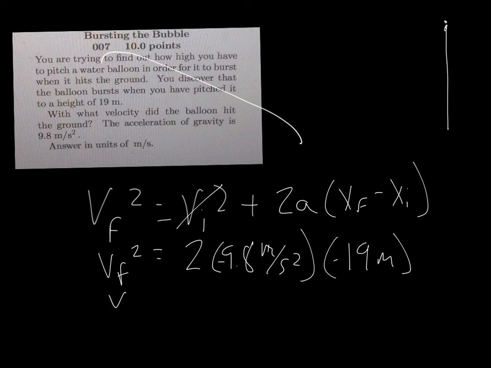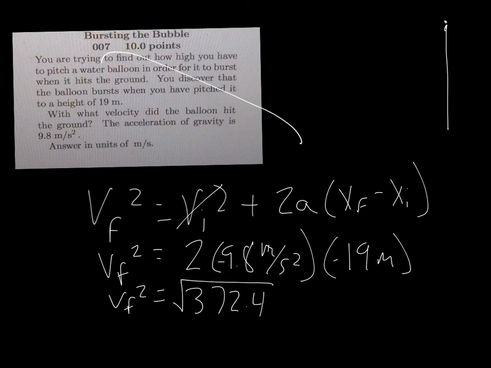Okay, so we're going to multiply those things together. So fill that out real quick. Vf squared is equal to 2 times 9.8 times negative 19. So we should get 372.4. But we're not done.